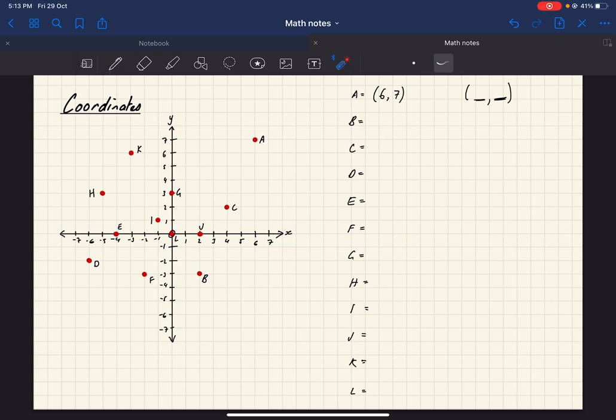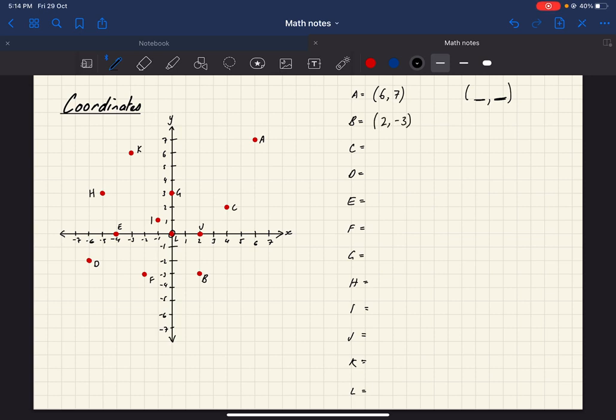B, that's this one here. Well, I look for where it joins up on my x-axis, that's at 2. On the y, it's negative 3. So we're at 2, negative 3 to get to B. And we know if we have this Cartesian plane, then we know exactly where B is on there because we have the coordinates 2, negative 3.